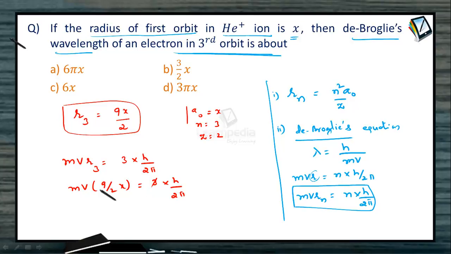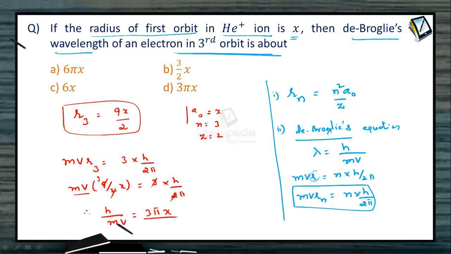So this is 3 times, and this is 2, this is 2. Thereby we have, bringing this mv part this side, h by mv is equal to 1 by pi, and here we have 3x. So h by mv is written as pi into 3x, that is 3 pi x.